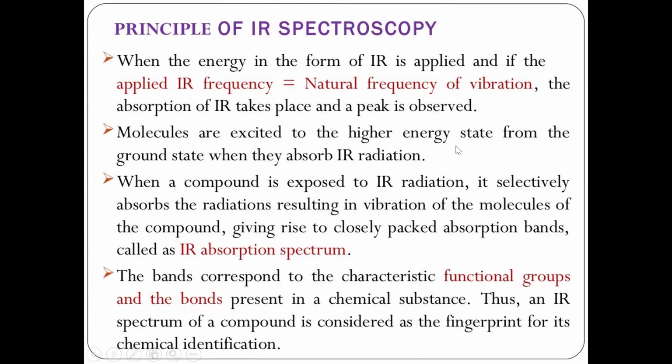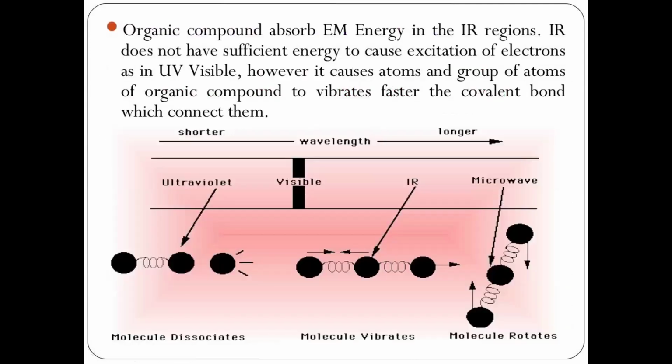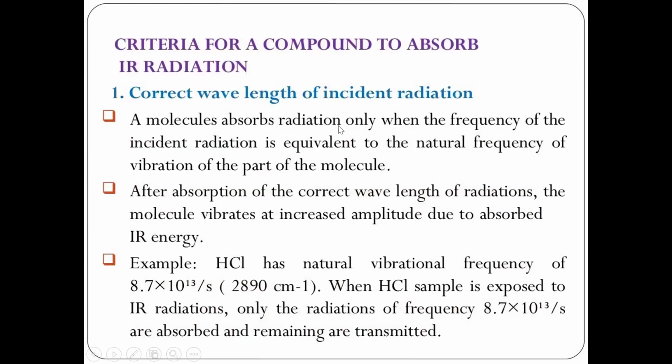Due to this absorption of the IR light, it results in the vibration of the molecules. This vibration causes the absorption bands. These bands correspond to the different functional groups. We'll discuss in detail in the next slides.